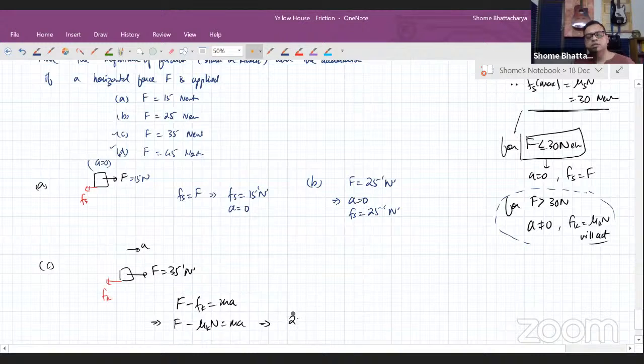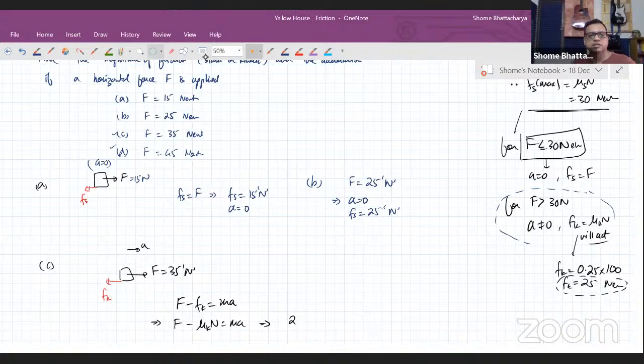So this kinetic friction is 0.25 into 100, or 25 newtons. So whenever slipping is occurring, 25 newtons of friction will act. So 35 newtons here is the external force, minus 25 newtons of friction, will provide 10 kg of mass with an acceleration of 1 meter per second square.